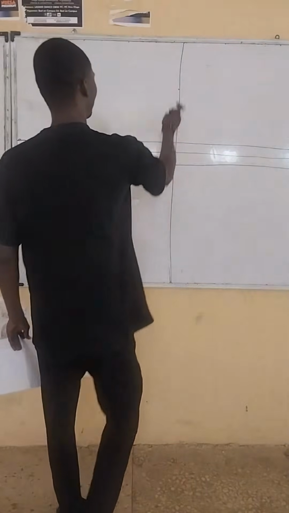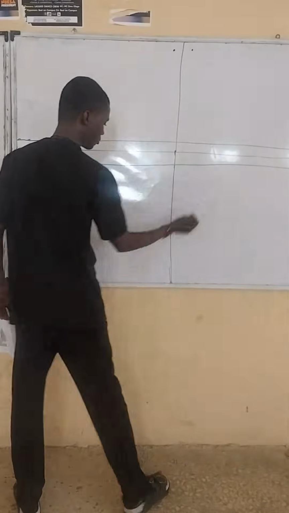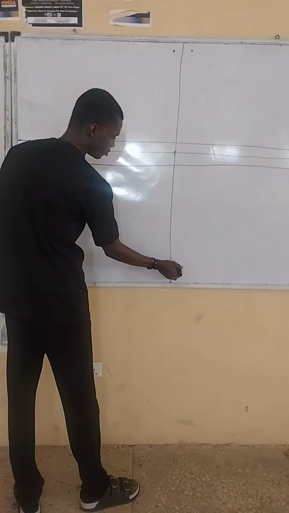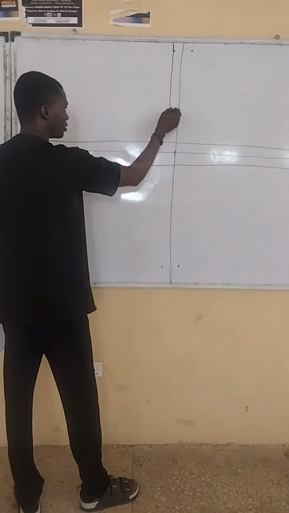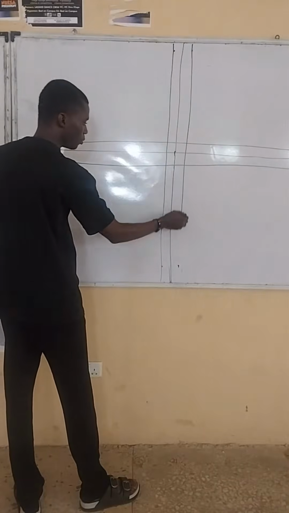For the vertical line, from somewhere up, 0.5 to the left and right, from somewhere down, 0.5 to the left and right, then you join together and you extend it.